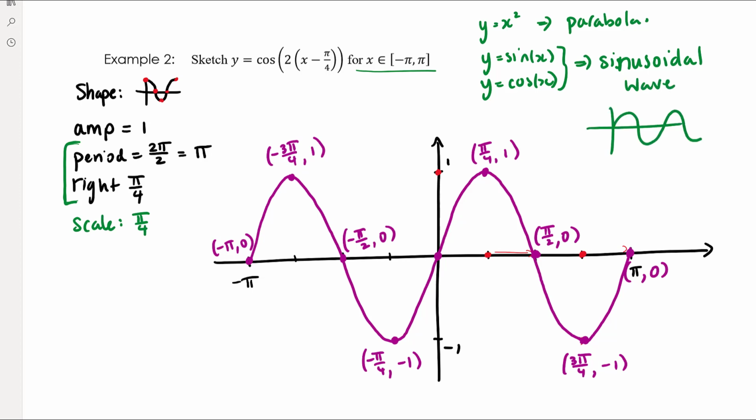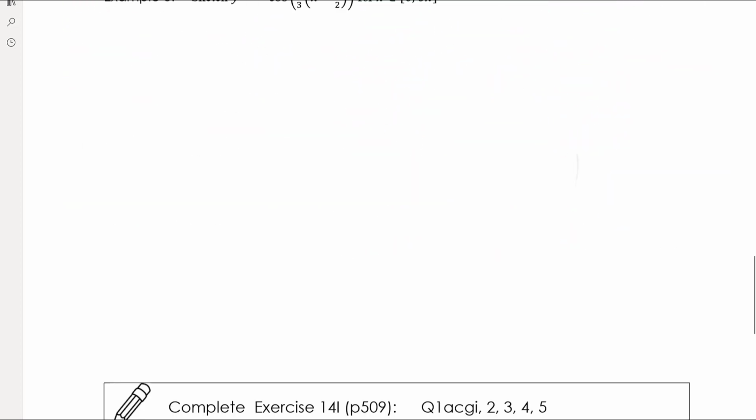This shape, this sinusoidal wave, whether you start it from here and look at it as a cos graph, or whether you start it from here and look at it as a sine graph, it's the same shape that's called a sinusoidal wave. Okay, so I want to be clear about the fact that they're actually not different graphs, but just depending on whether it's written as a sine or a cosine graph will determine how we go about drawing it.